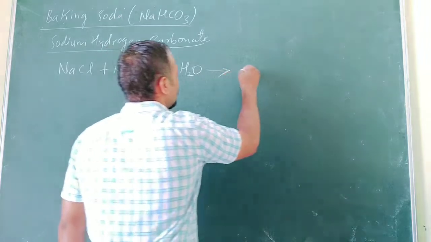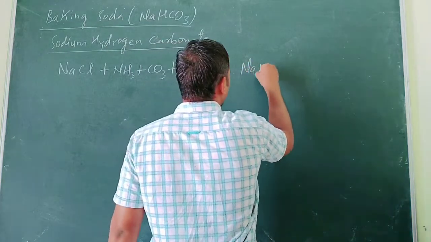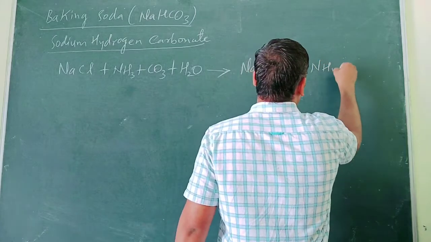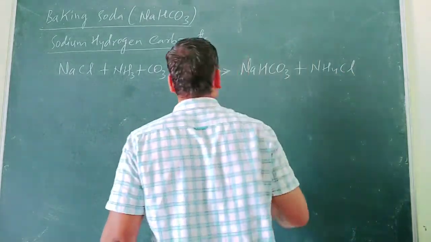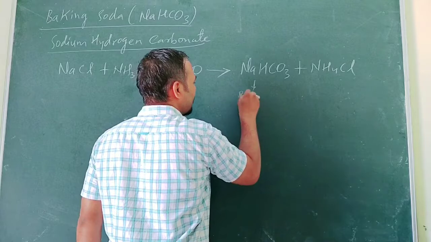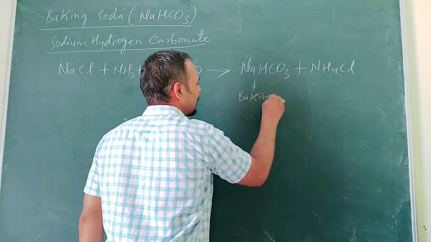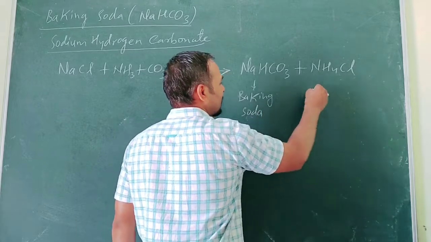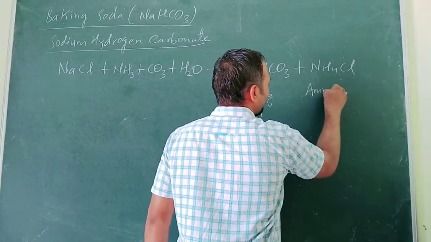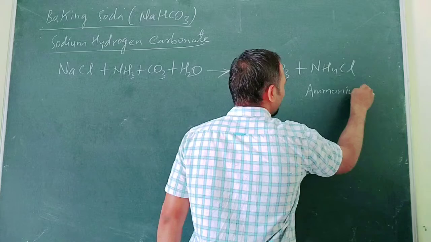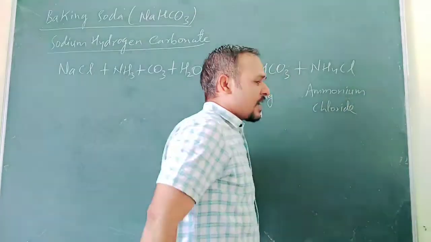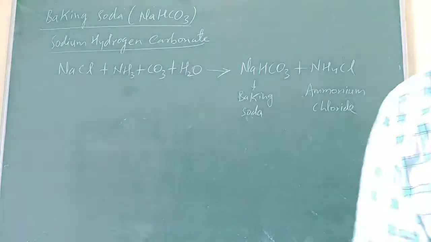We'll get sodium hydrogen carbonate along with ammonium chloride. This is baking soda, and this is ammonium chloride, right?